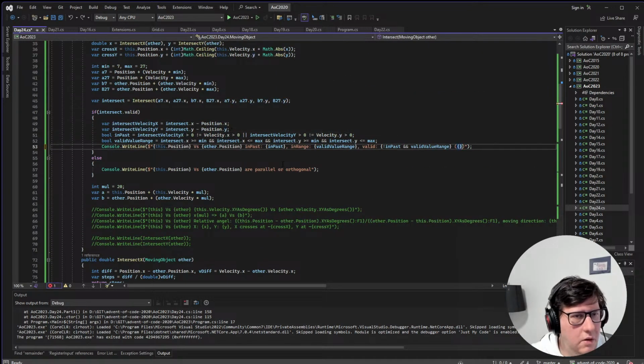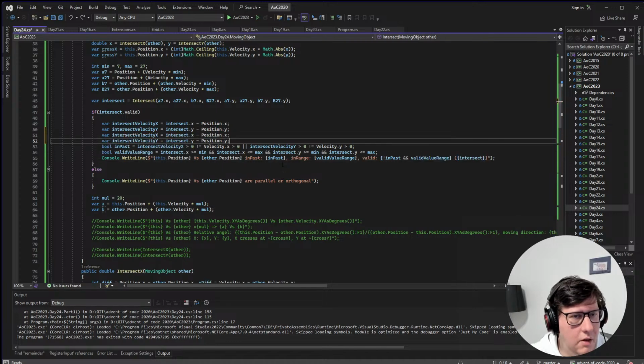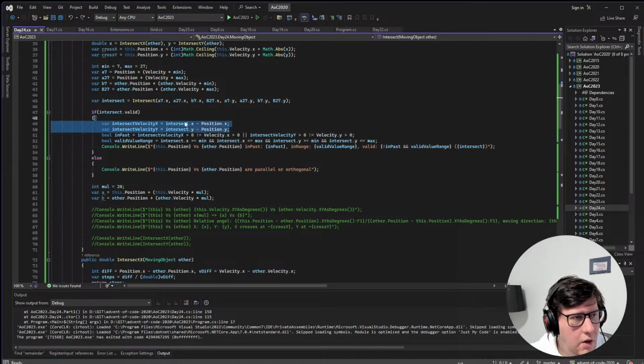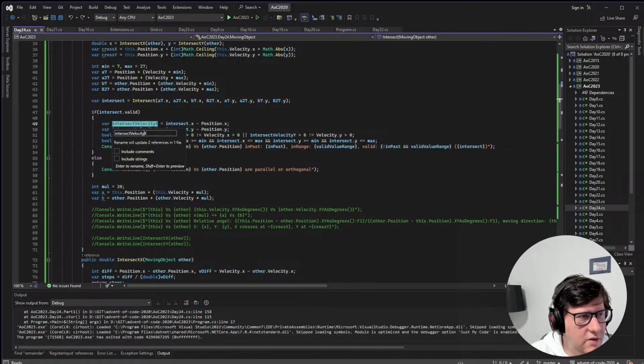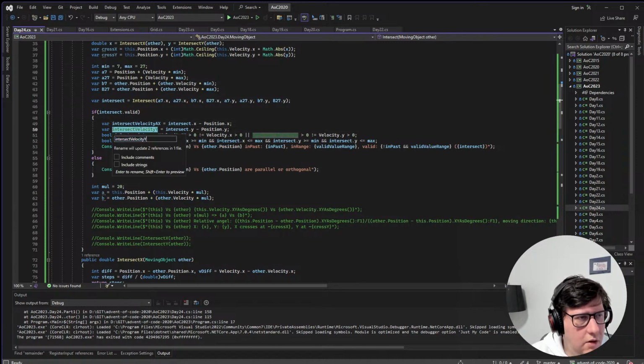Let me see. Oh, let's not do that. Boom. Okay. So this one becomes intersect velocity a x, a y. Okay.